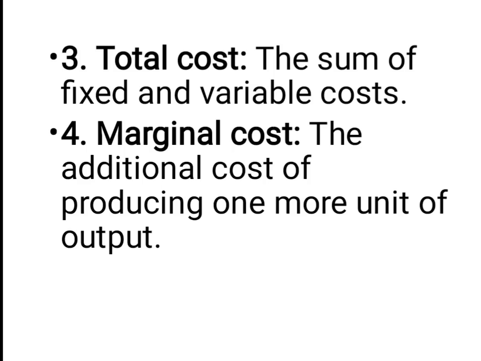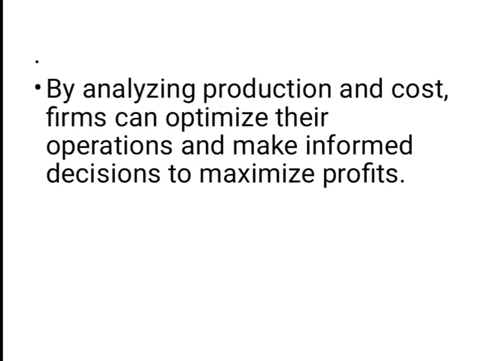I gave the example of the building or the rentals, which may be fixed. So by analyzing production and costs, firms can optimize their operations and make informed decisions to maximize profits.